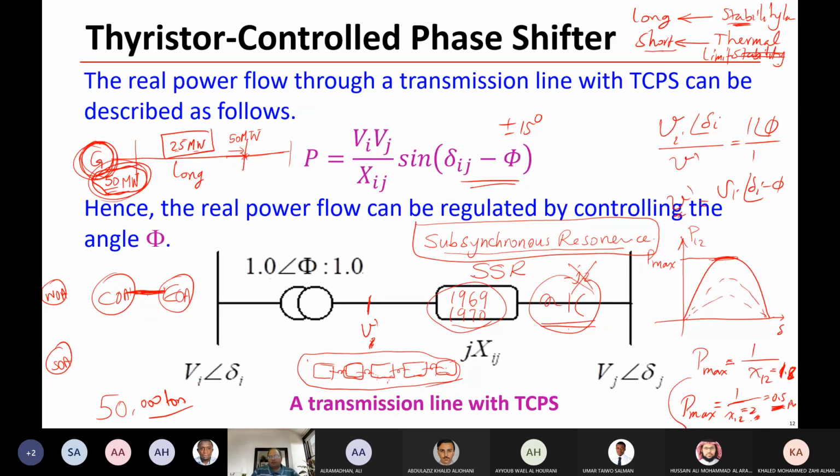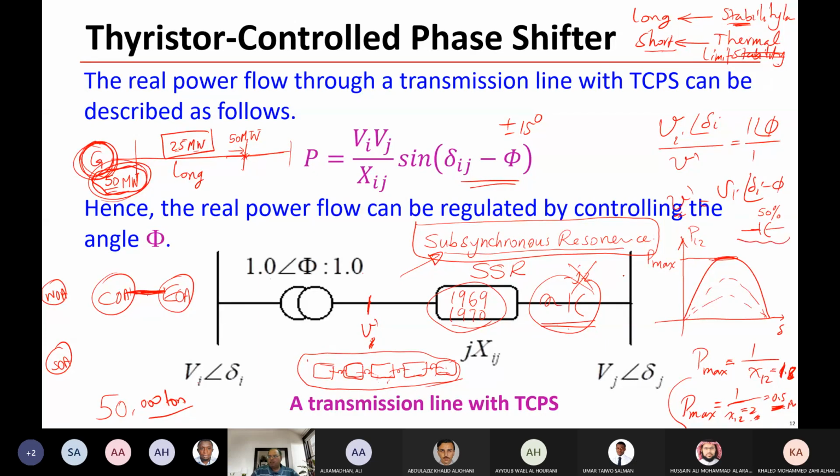To avoid this, for a series compensated line you cannot just arbitrarily put any compensation. You have to carry out this study and limit it. The typical value is plus 50%. The minus is not recommended, as we don't want to add another reactor here, so you can have a capacitor with 50% compensation.